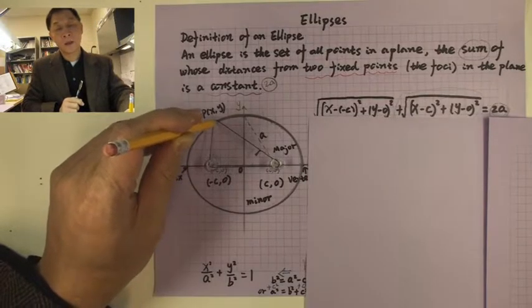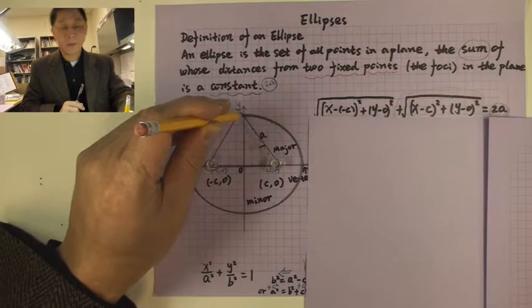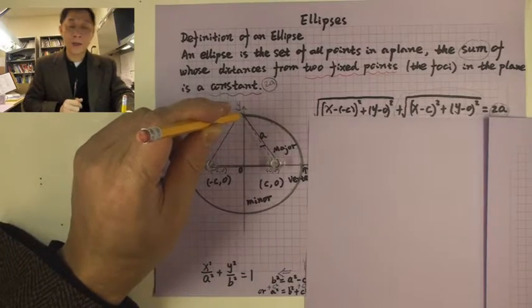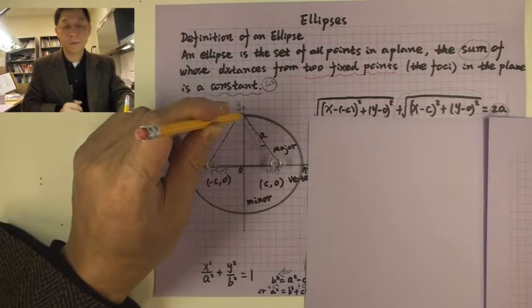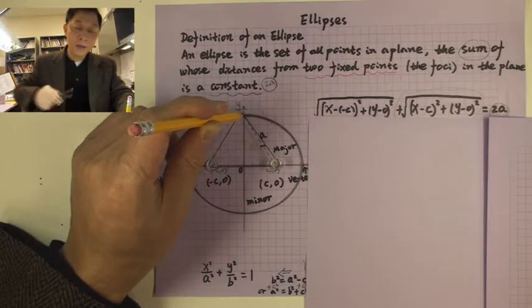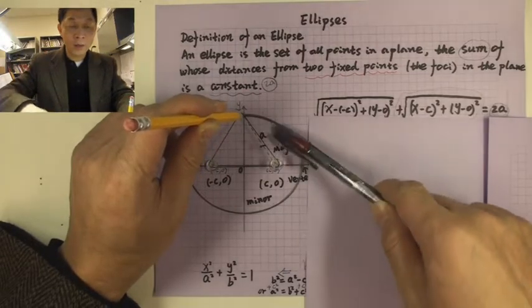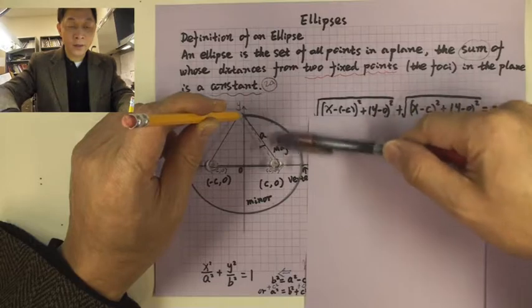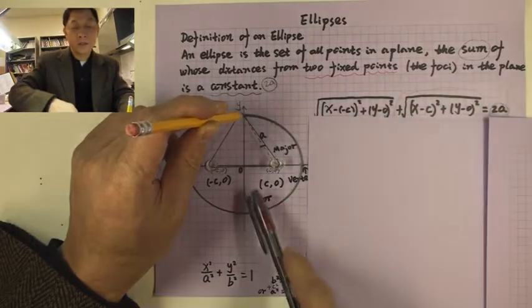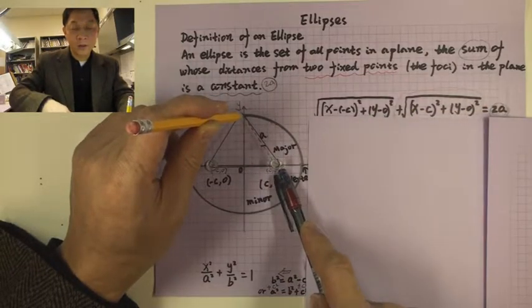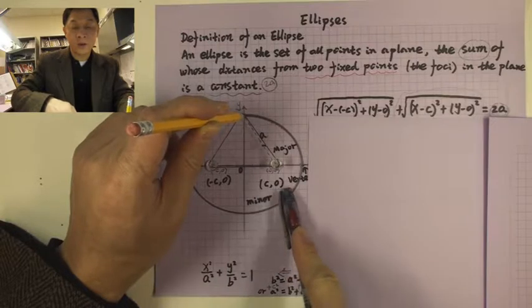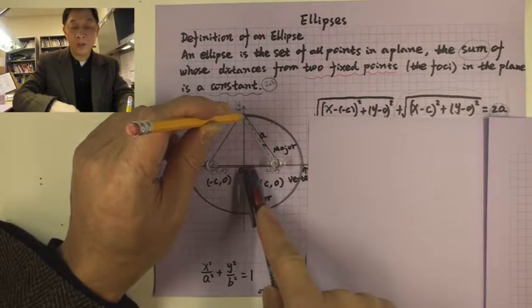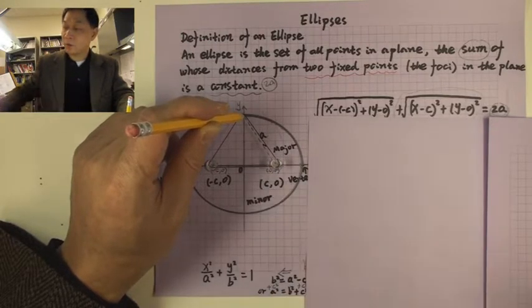Let's go back a little bit. I'll introduce you another constant. Again, we know this side is a. From 0 to the right focal point, we know is c. So this one will be c.